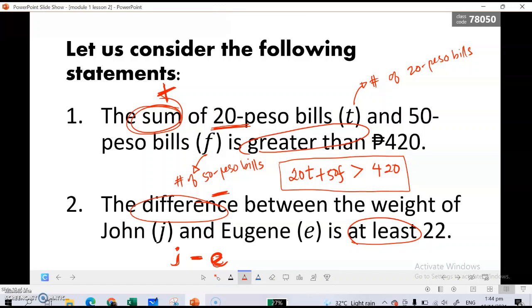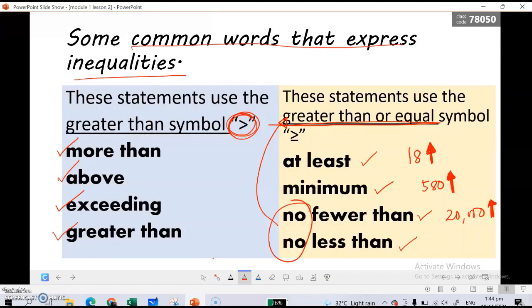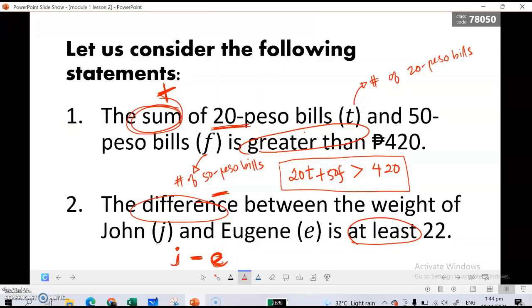Is at least 22. So kung hindi naalala, pwede yung balikan dun sa table natin. Ayun, at least is for greater than or equal. So yun ang ilalagay natin. J minus E is greater than or equal to 22.